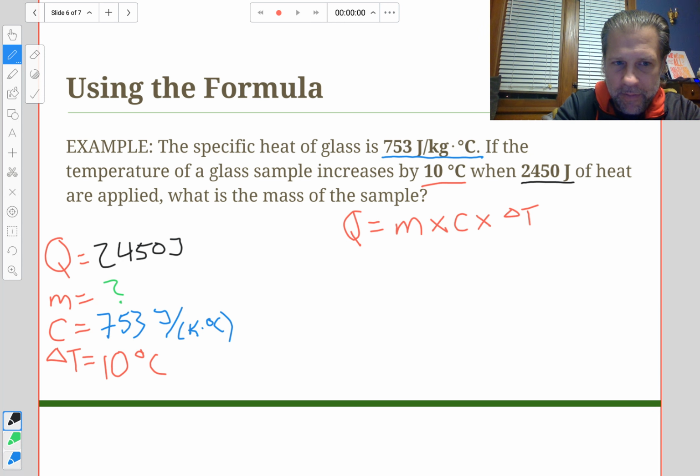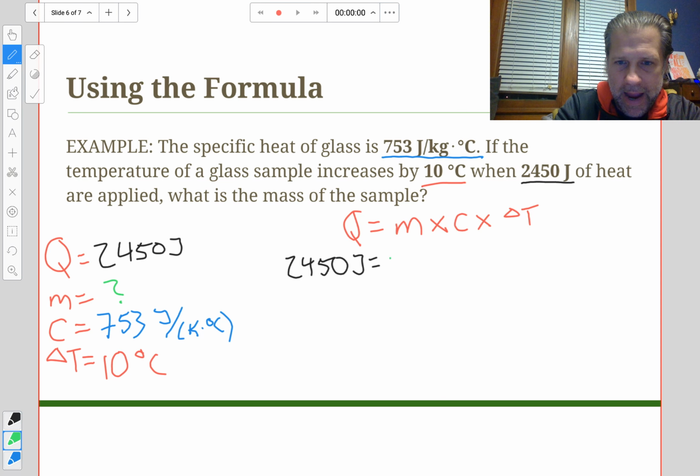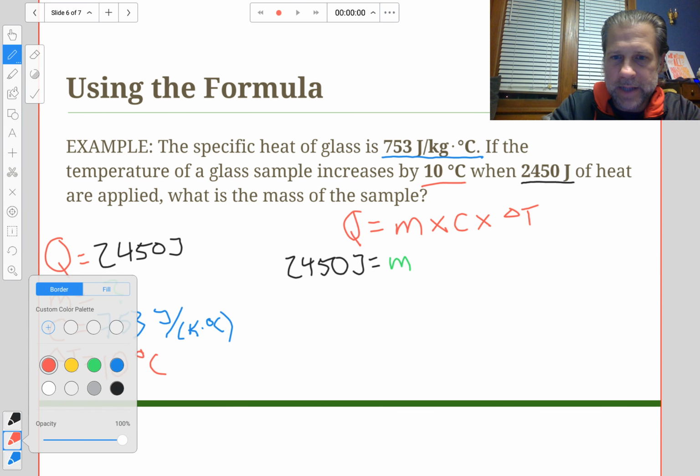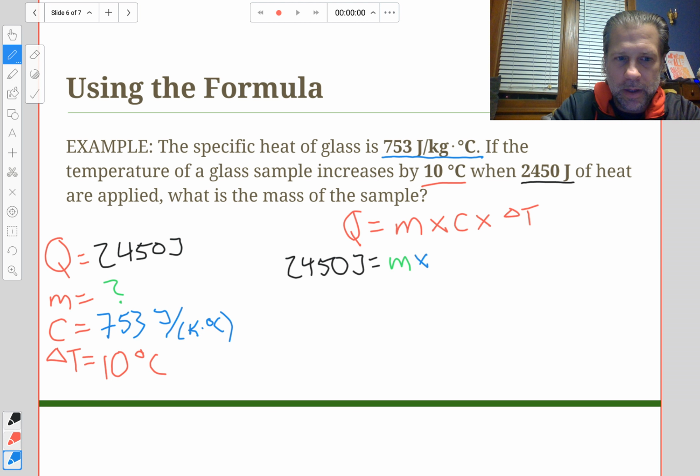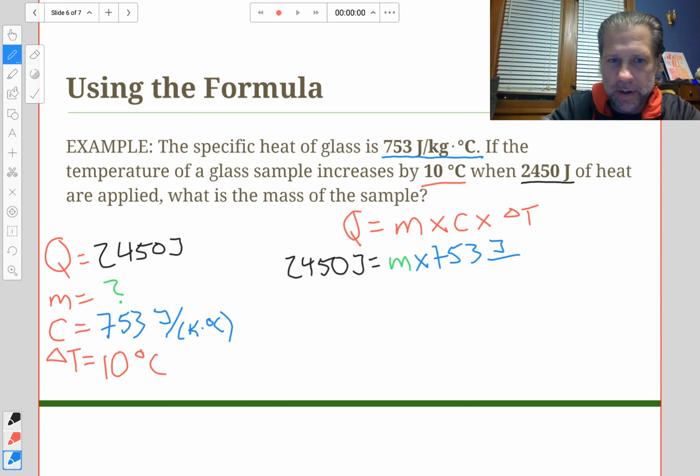Okay, so I'm going to start filling in my variables. Underneath my formula, I'm going to write 2,450 joules equals mass times the specific heat, which is 753 joules per kilogram degrees Celsius, times the change in temperature.